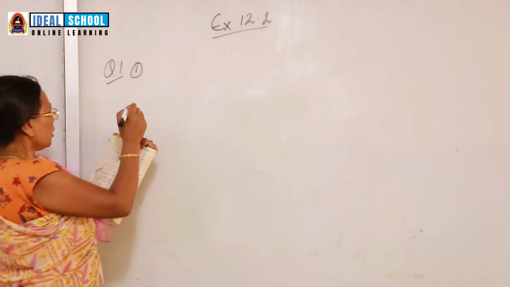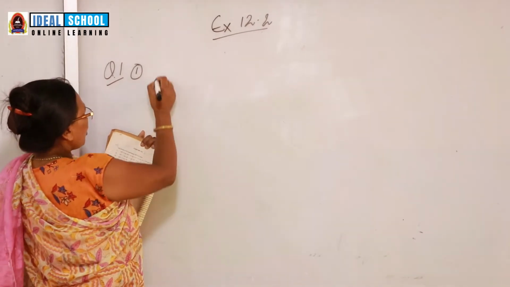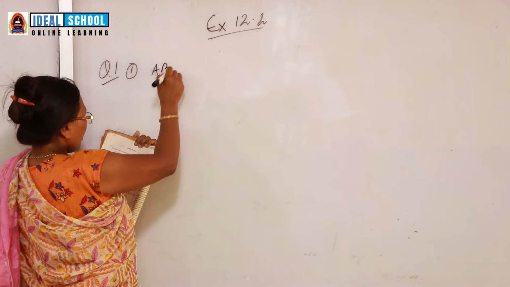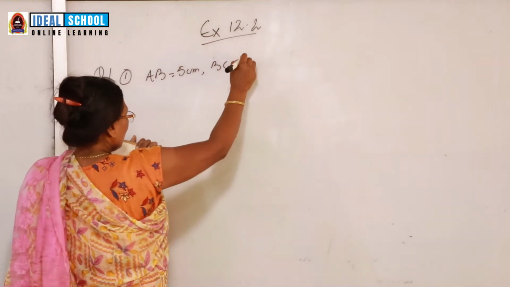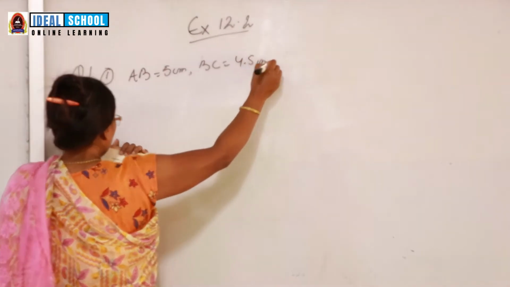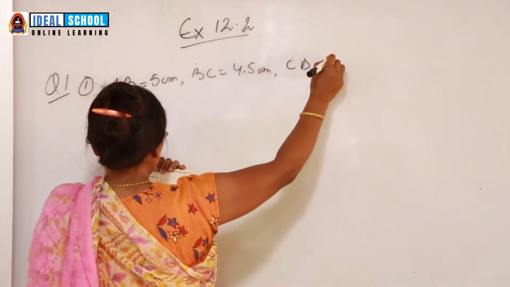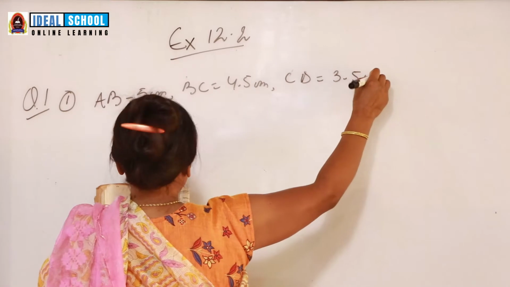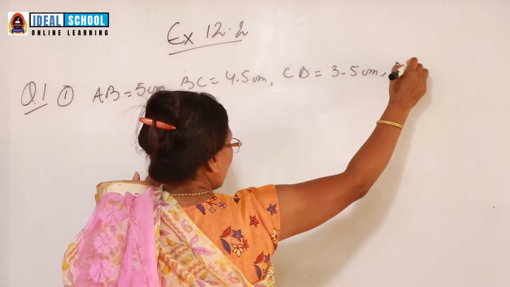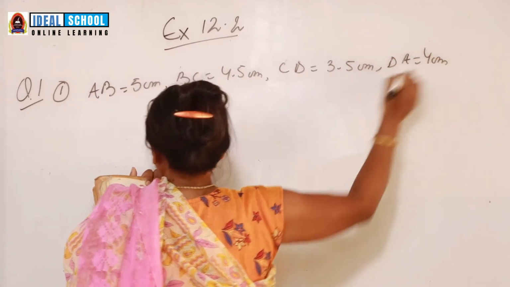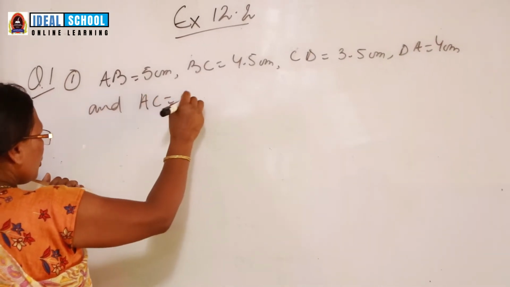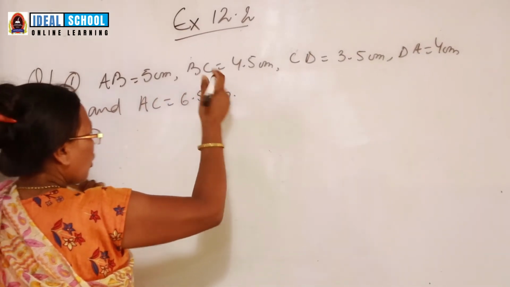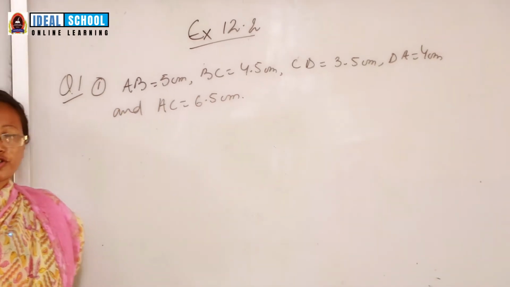Now, some values of the quadrilateral are given: AB is equal to 5 centimeter, BC is equal to 4.5 centimeter, CD is equal to 3.5 centimeter, DA is equal to 4 centimeter, and AC is equal to 6.5 centimeter. All these data are given in the question.